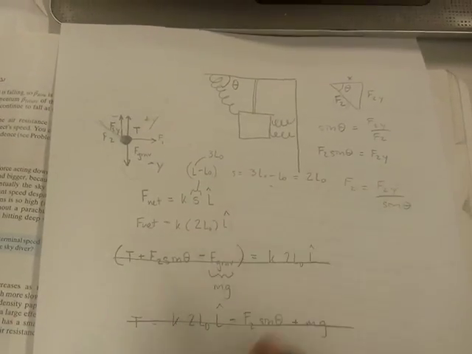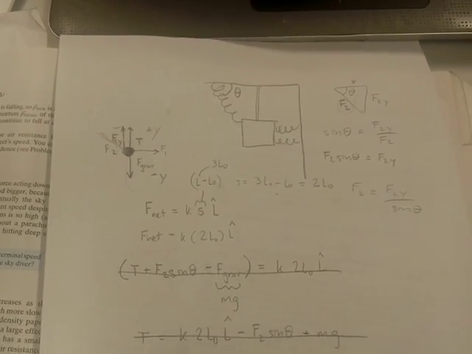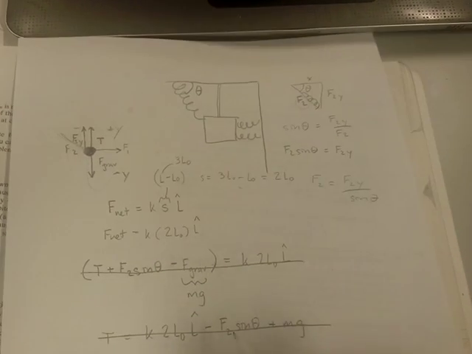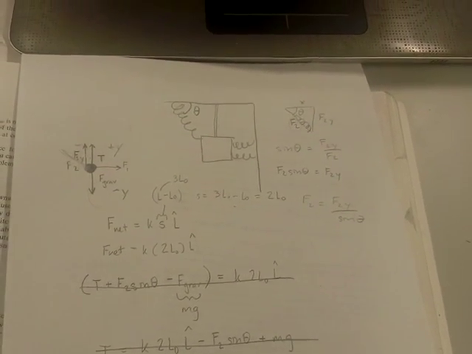So we know by Hooke's law that the force of a spring, which is what we're dealing with, is equal to k (L minus L naught).